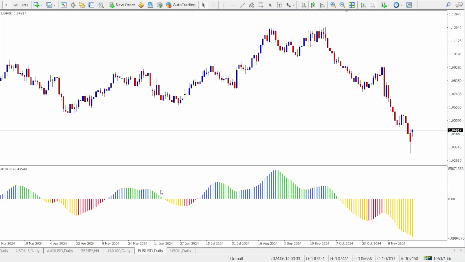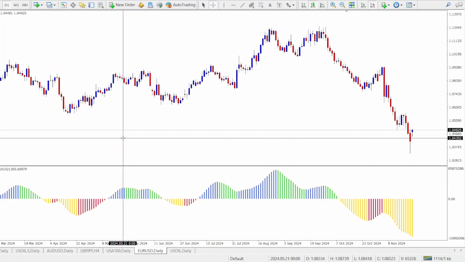So when the indicator is in the positive territory and you have the blue histogram bars forming, it indicates an increase in volume, increased activity, an increase in price activity.